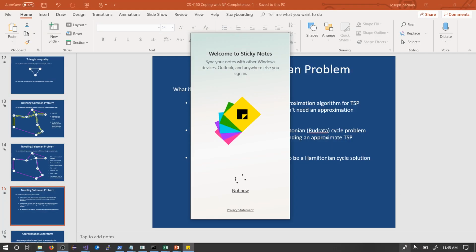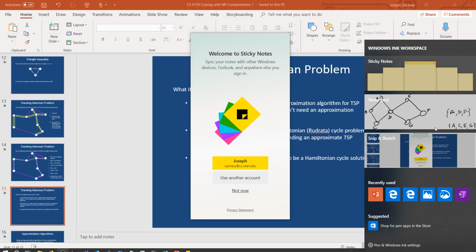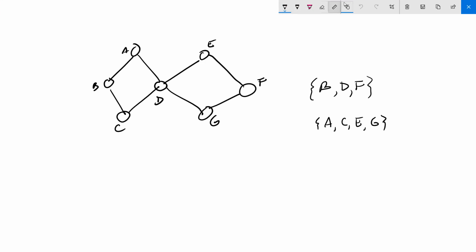Okay, you have some vertices. You find some solution to the traveling salesman problem. Okay, that's a Hamiltonian cycle. It hooks everything together. Now remove one edge.